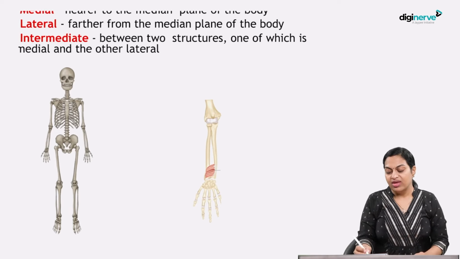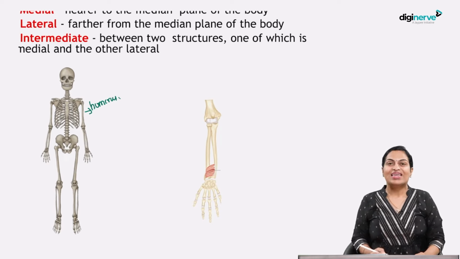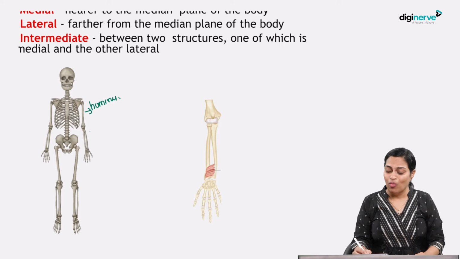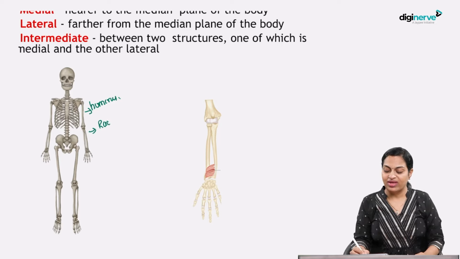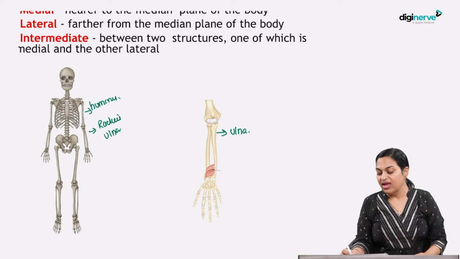So here, in the arm, you get to see one bone, the humerus. In the forearm, there are two bones, isn't it? What are they? Radius and ulna. So this one here is the ulna and this is the radius.